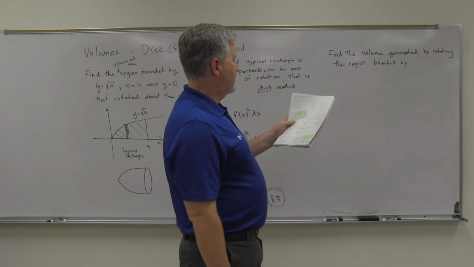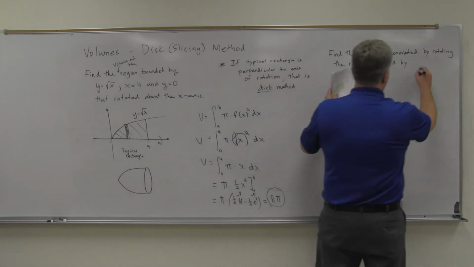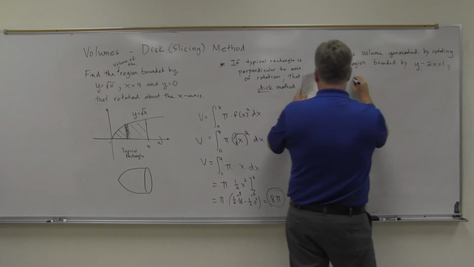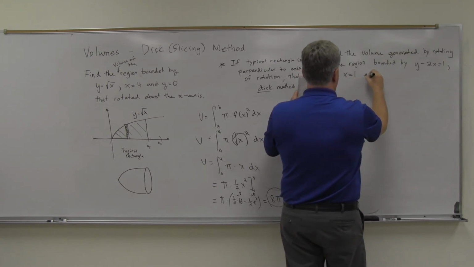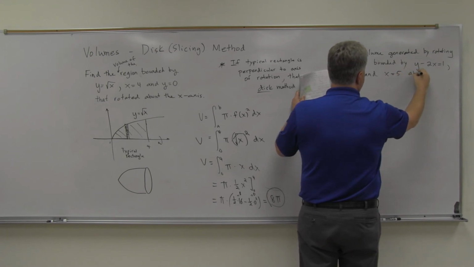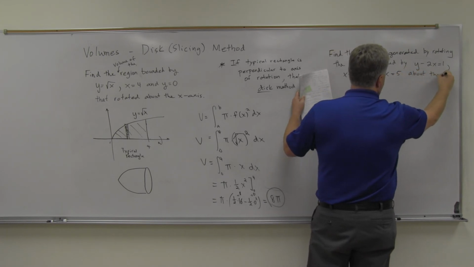Find the volume generated by rotating the region bounded by y minus 2x equals 1, x equals 1, and x equals 5, about the line y equals 0.